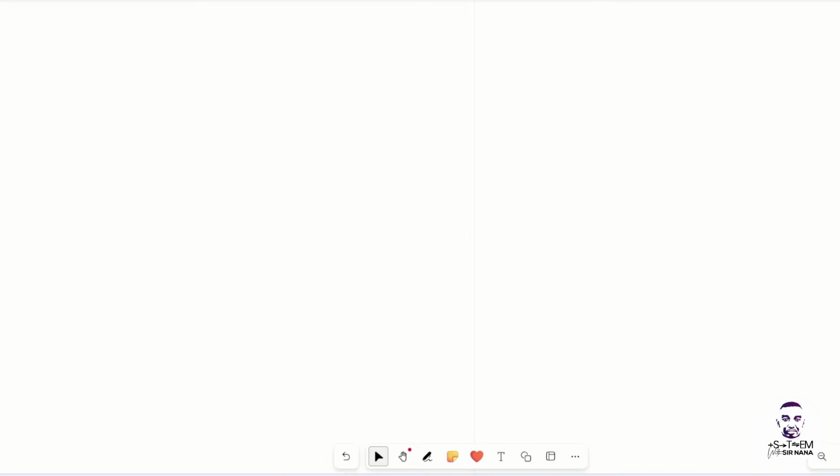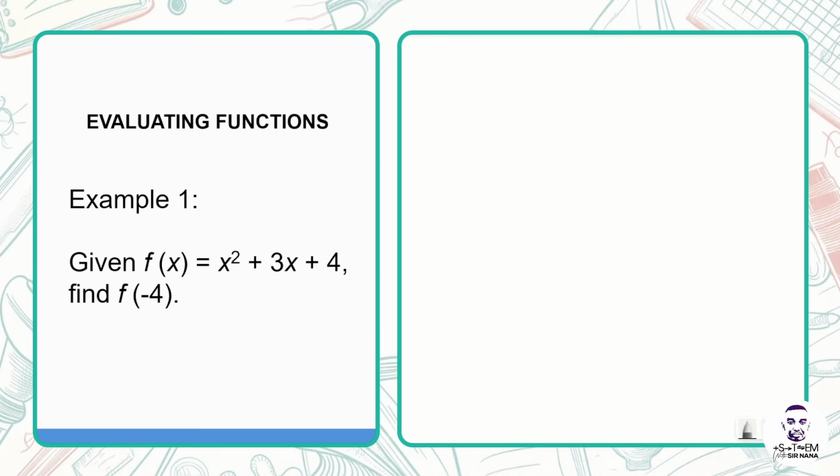Given that f of x is equal to x squared plus 3x plus 4, we have to evaluate f of negative 4. We must notice that wherever we see x is a player that is on the field already, so we must substitute that for our negative 4 in the function f of x.